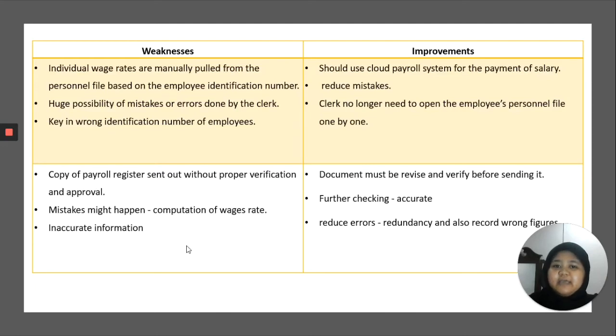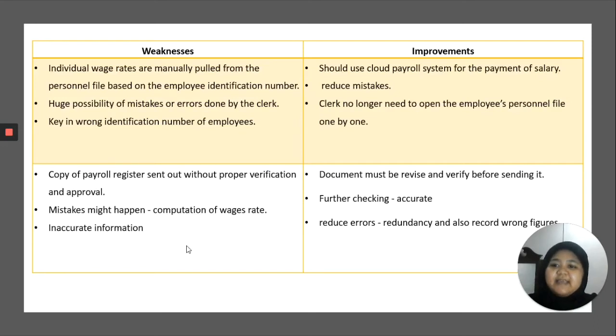The improvement is that the company should use a cloud payroll system to store the salary payment information, because it will reduce mistakes by the clerk. The clerk does not need to open employees' personal files one by one to get the information. They just access it online by using a laptop.